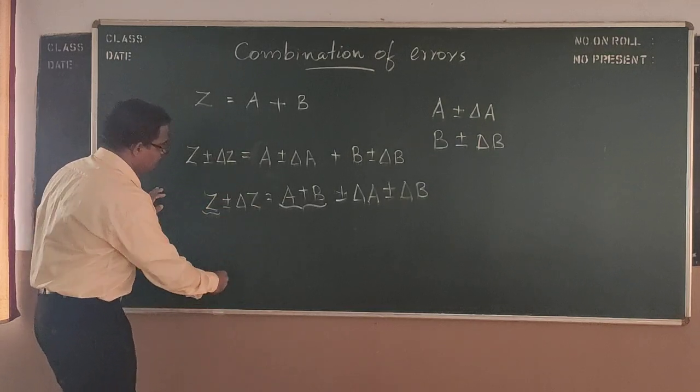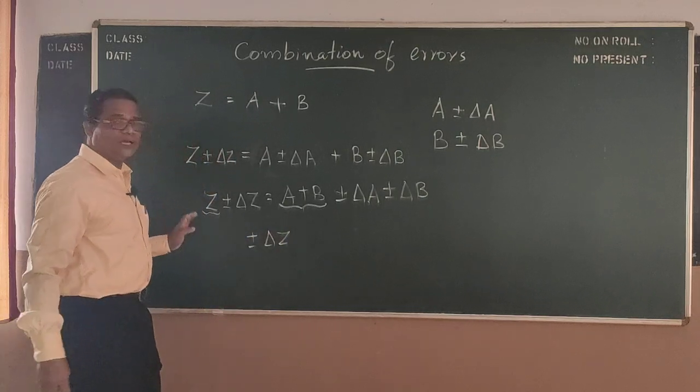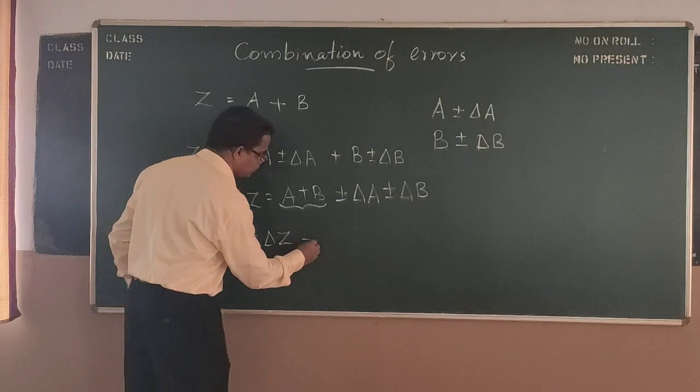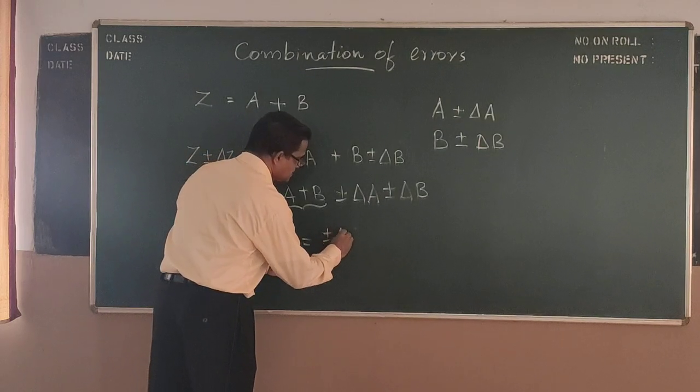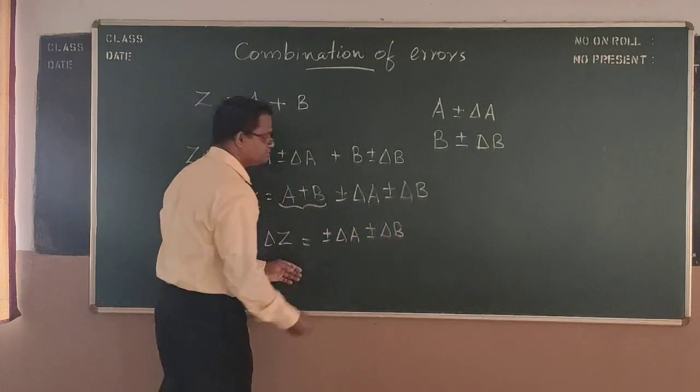So from this one, I am left with plus or minus delta z equal to plus or minus delta a plus or minus delta b.